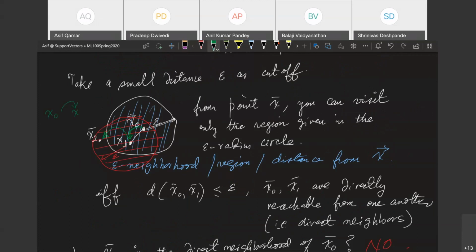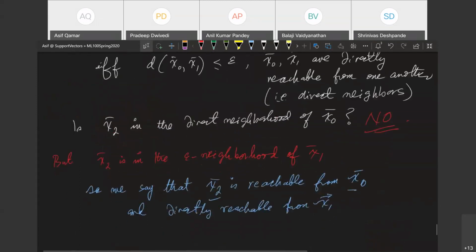This is possible. Do you agree, guys? So they are reachable from each other, but they are not directly reachable. X0 and X2 are not directly reachable. So this is all we need.